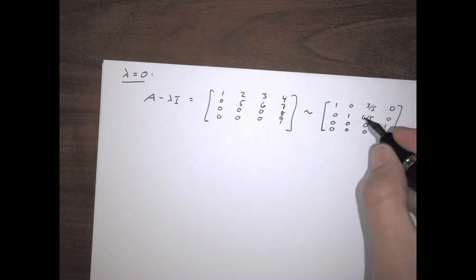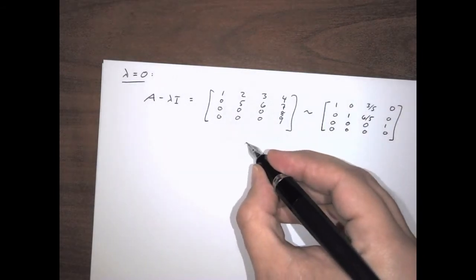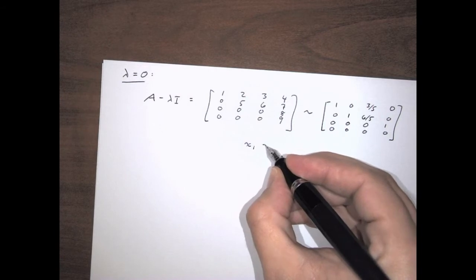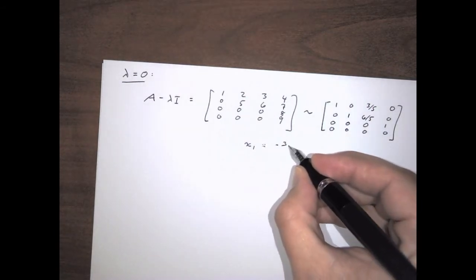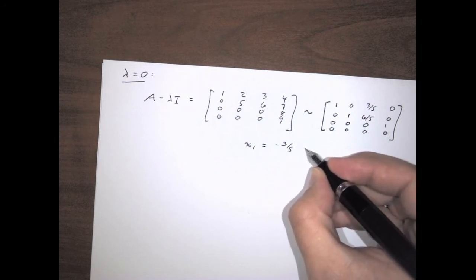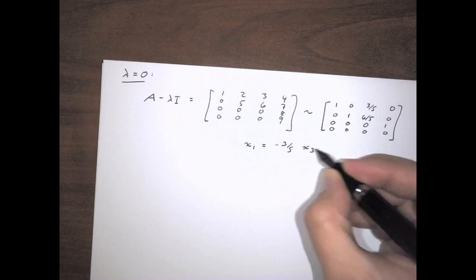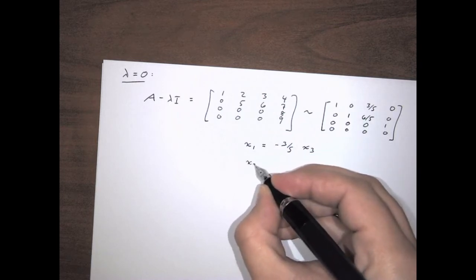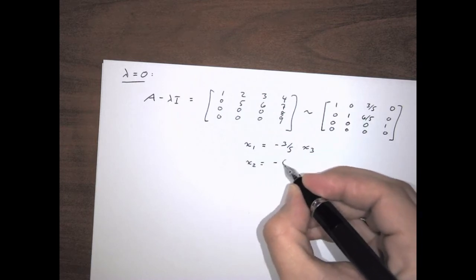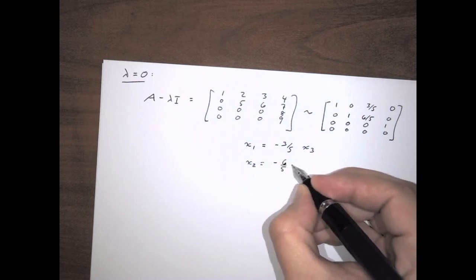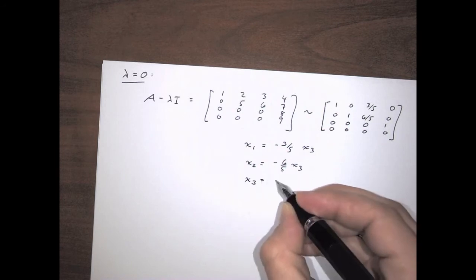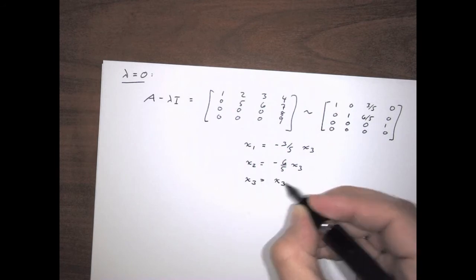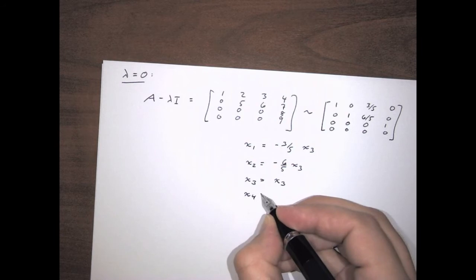Alright, so now then let's see what that's going to mean. So that means x1, and I'm just cutting more and more to the chase here with every step, is minus 3/5 x3, x2 is minus 6/5 x3, x3 is just equal to x3, and x4 is equal to 0.